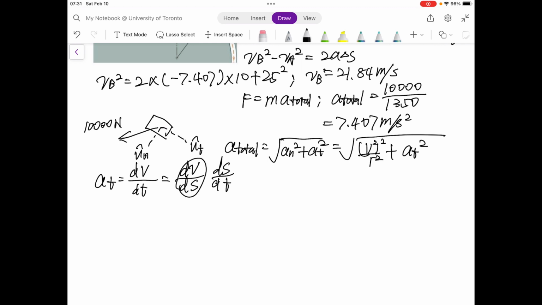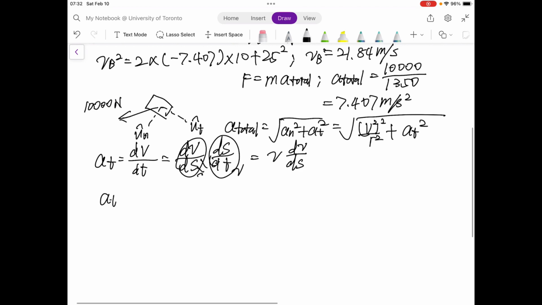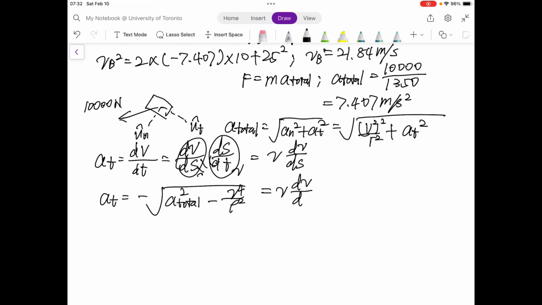So this part is equal to v, so we have v dv ds. So at is equal to negative square root a total square minus v to the fourth over rho square, is equal to v dv ds.